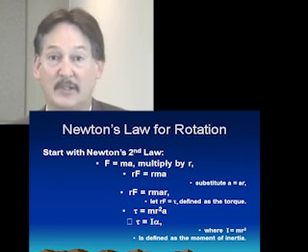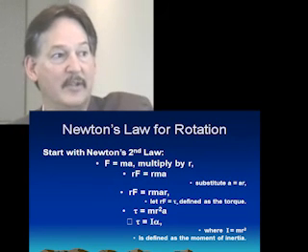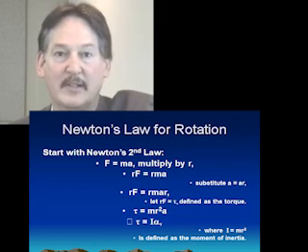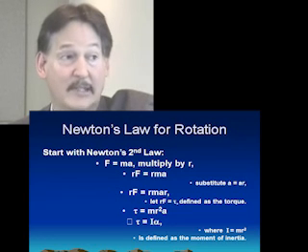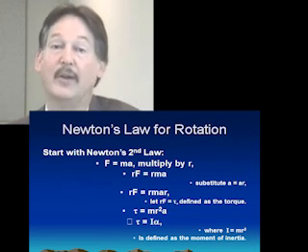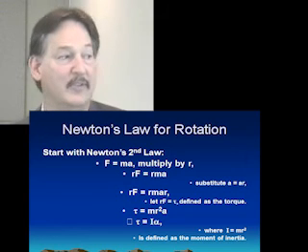So this is a general equation. It tells us that the torque acting on this object, whose moment of inertia is I, which we'll calculate in a moment, results in that object acquiring an angular acceleration of alpha.